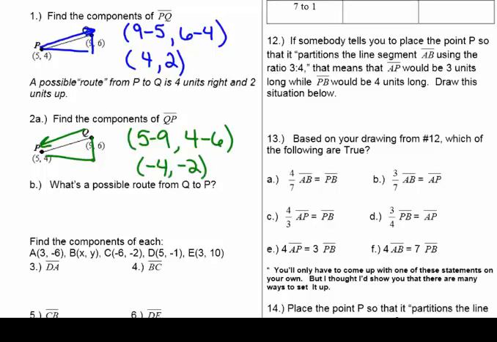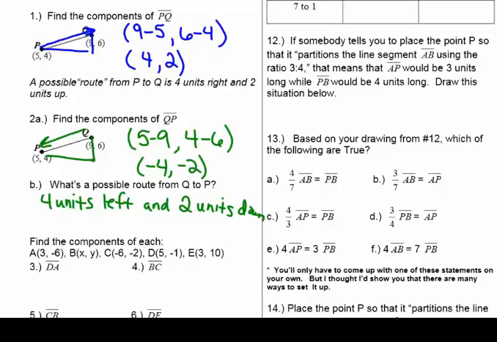So that means that our route from Q to P is 4 units to the left and 2 units down. Okay, 4 units to the left and 2 units down.